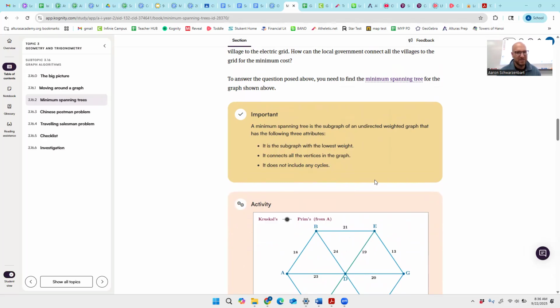Looking at what's coming next. There's a couple of different algorithms for this. There's Kruskal's and there's Prim's.